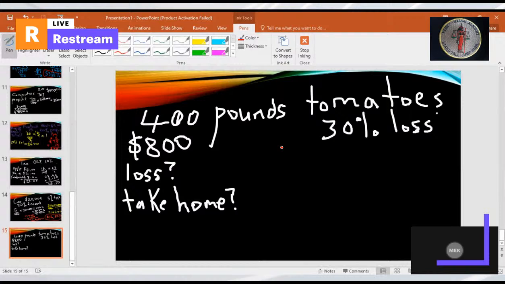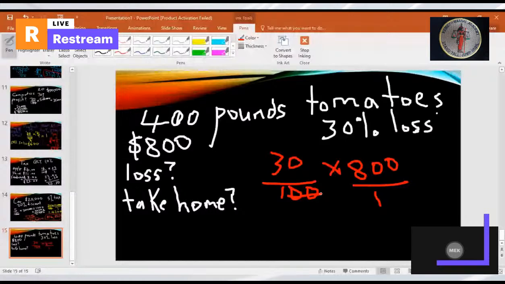And that is pretty straight. This one, the pair of zeros cancel that zero. So 8 times 30, and that would give us 240. She lost $240.